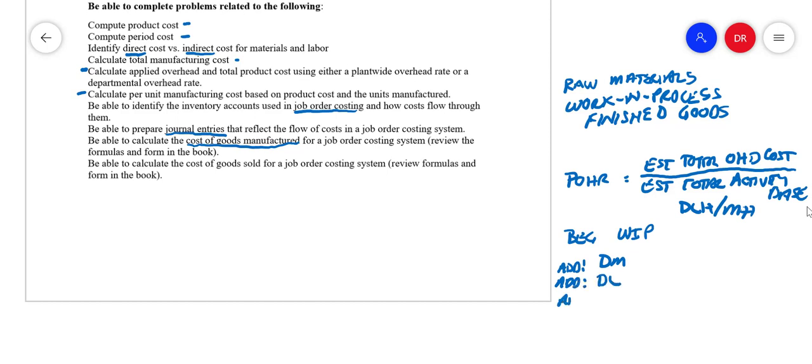We'll add in applied overhead. And after all of these three, we'll have total manufacturing costs. And so we've taken beginning work in process plus these, we have total manufacturing costs. And then we're going to deduct out ending work in process.